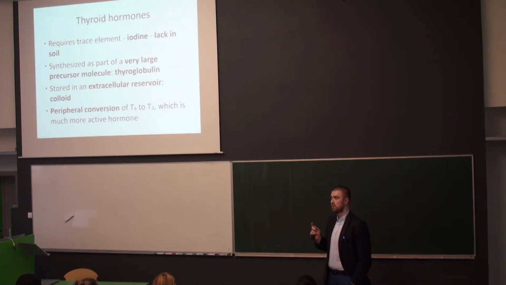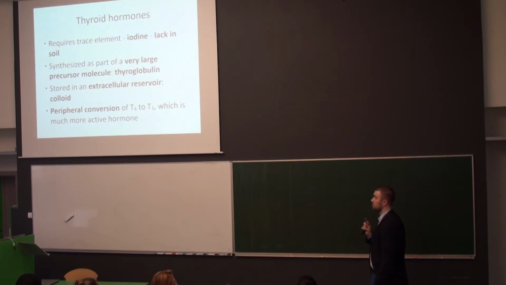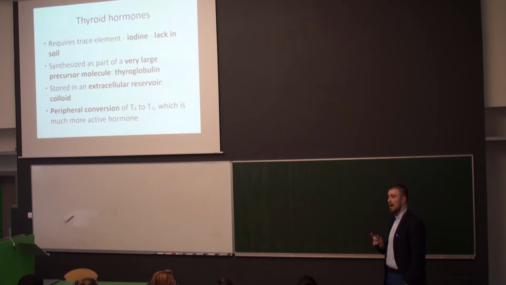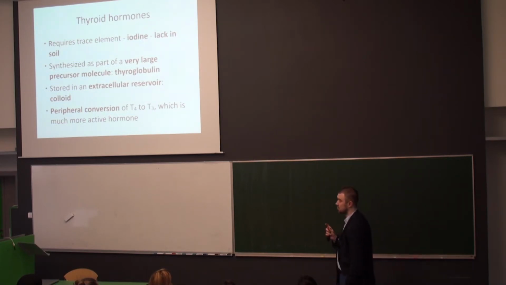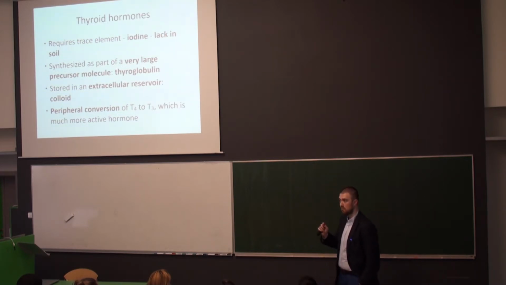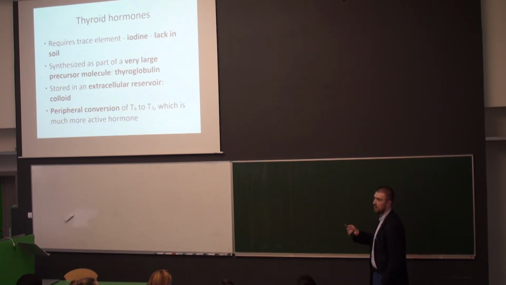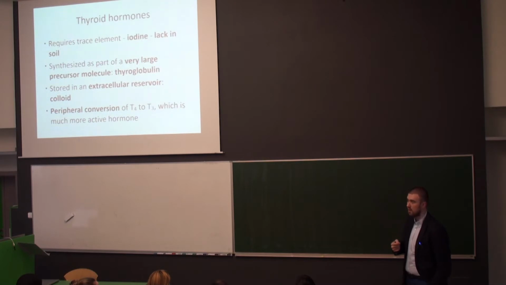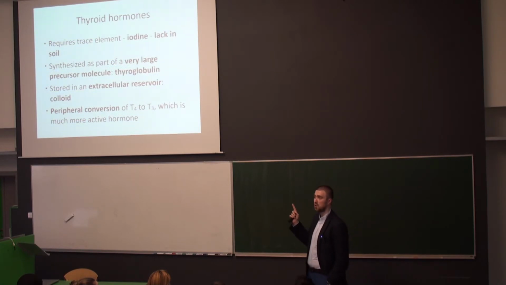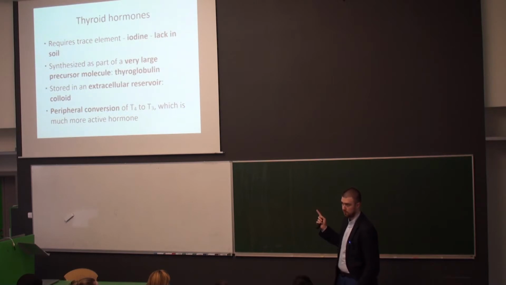And this brings the first problem, since there are some regions on the Earth where you have a lack of iodine in the soil. That means that these regions had, or could have, typically 100, 200 years ago and later, problems that the people there could have a deficiency of thyroid hormones.